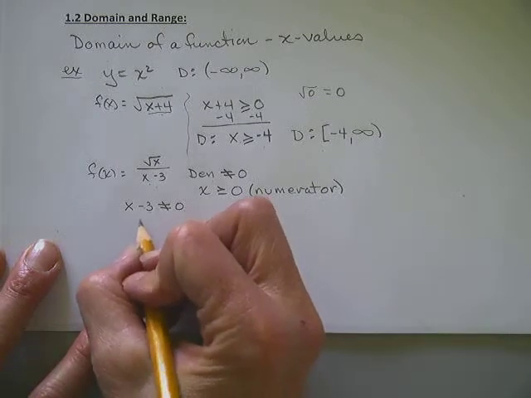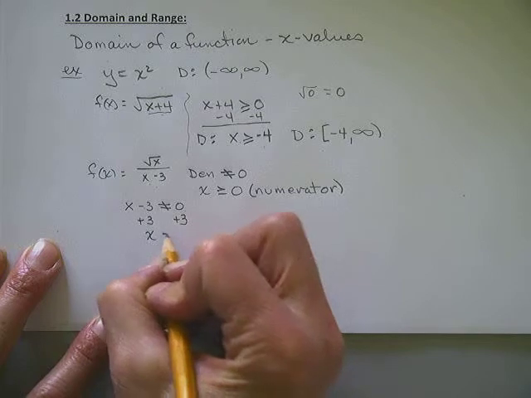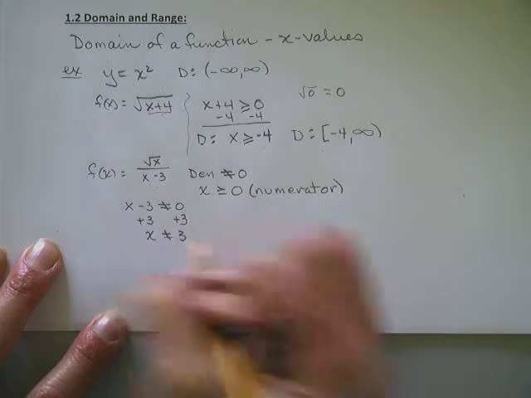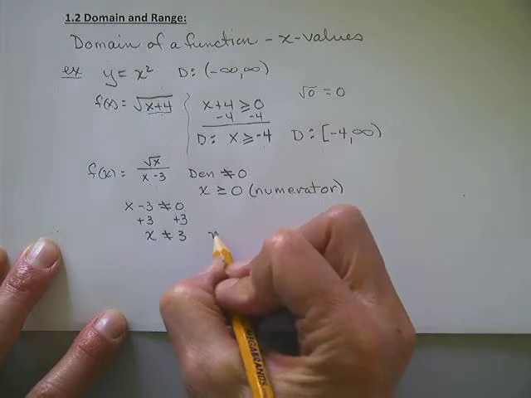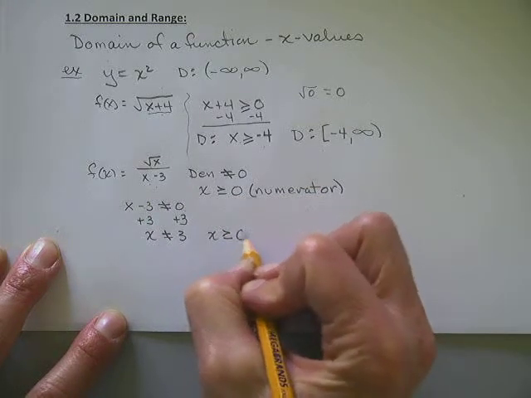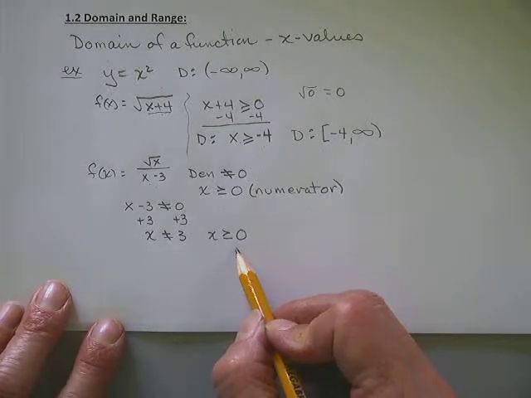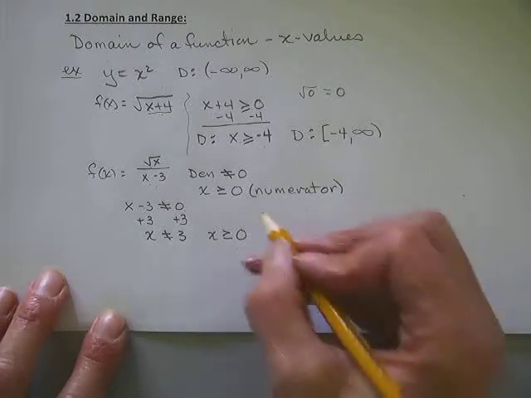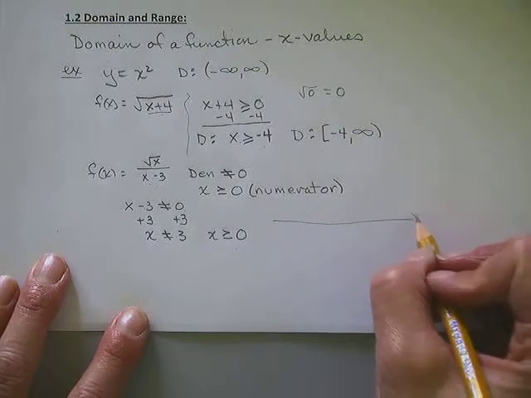All right, if the denominator cannot equal 0, then x minus 3 cannot equal 0. Solve it like an equation and do what? Add 3. So x cannot equal what number? 3. And x has to be greater than or equal to 0.